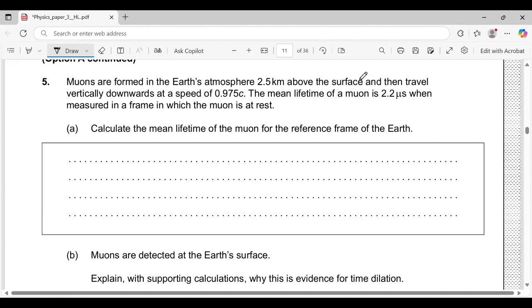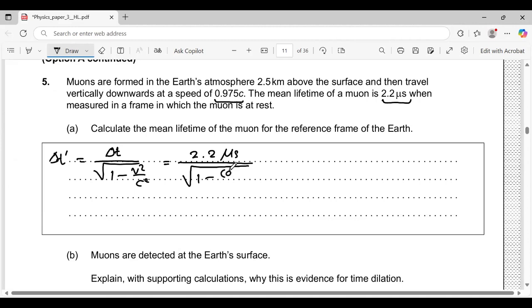I will use the formula for time dilation: delta t prime equals delta t over the square root of 1 minus v squared over c squared. Delta t is 2.2 microseconds over the square root of 1 minus 0.975 c squared over c squared. c squared divided by c squared equals 1.